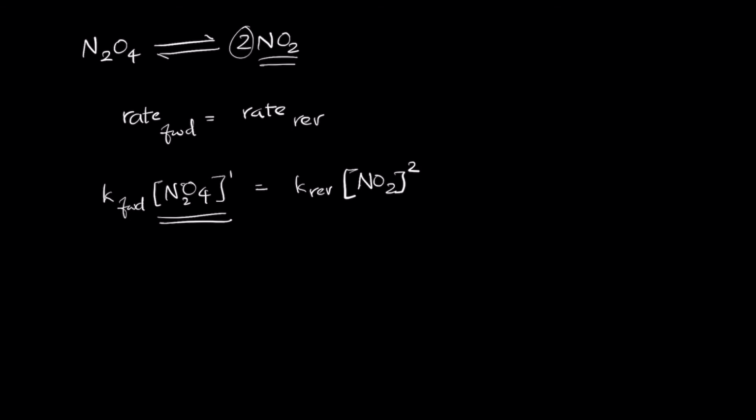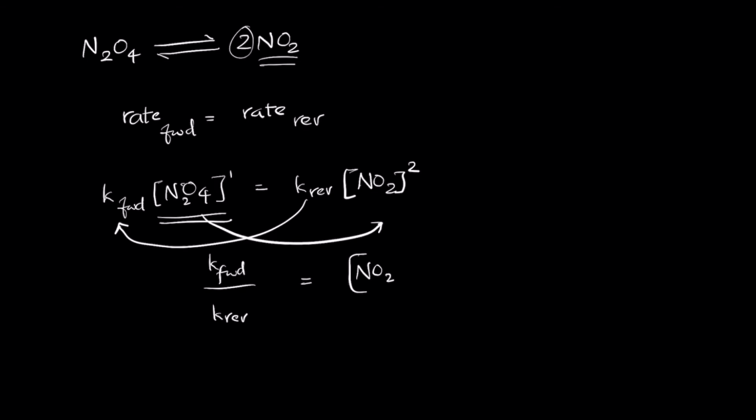Next thing we have to understand is, let's consider that we write K forward by K reverse, which means that we bring this here and push this to the other side. This gives you NO2 to the power 2 over the N2O4 concentration.